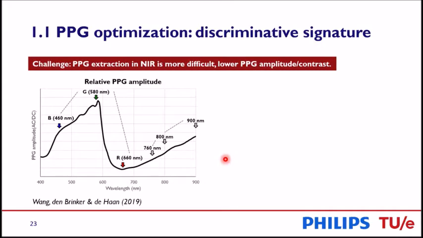And the third approach of optimization is using the discriminative signatures. It solves the challenge of PPG extraction in the near infrared. Because in the near infrared, the challenge is that, as compared to RGB, the PPG has much lower amplitude and also much lower contrast.